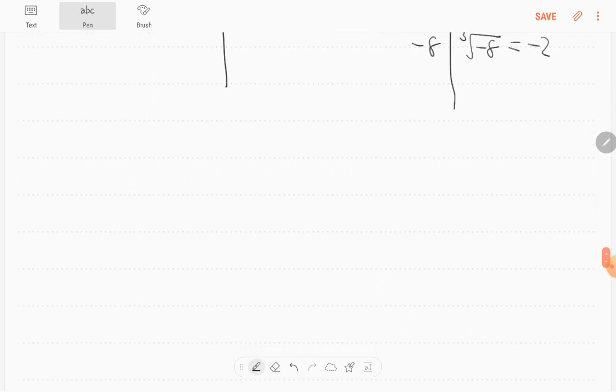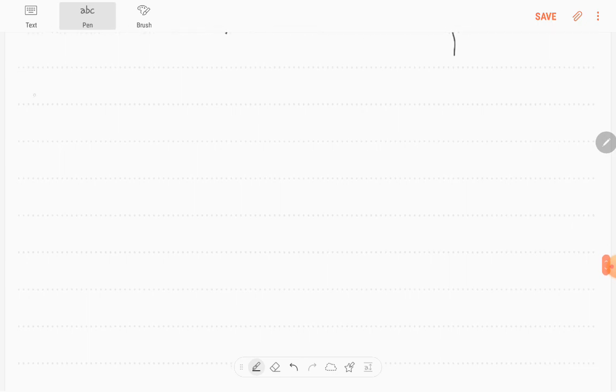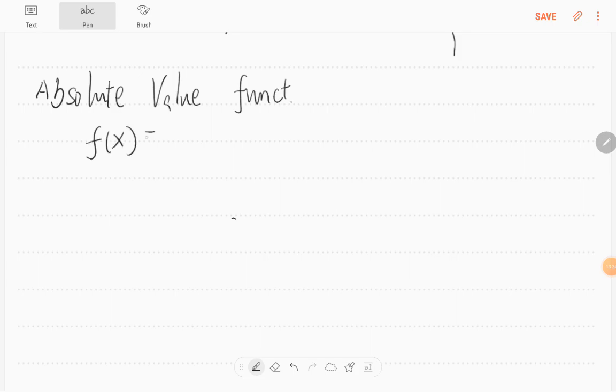So now let's look at the absolute value function, which is f of x equals the absolute value of x. Remember that the absolute value of x is always a non-negative number, right?